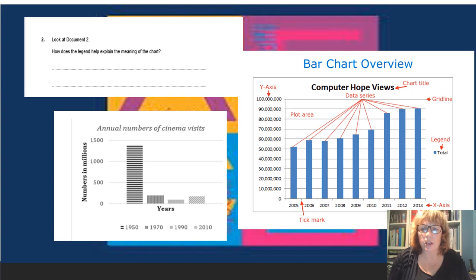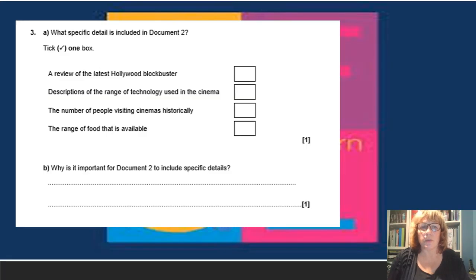Any explanation that you give, as long as it involves all of the key points of that legend, will work for you. So for this part of your reading, it's important now to think about, do you know enough about charts? Have you had enough experience about explaining charts? And if you think you need to do a little bit more work on that, add that to your revision.